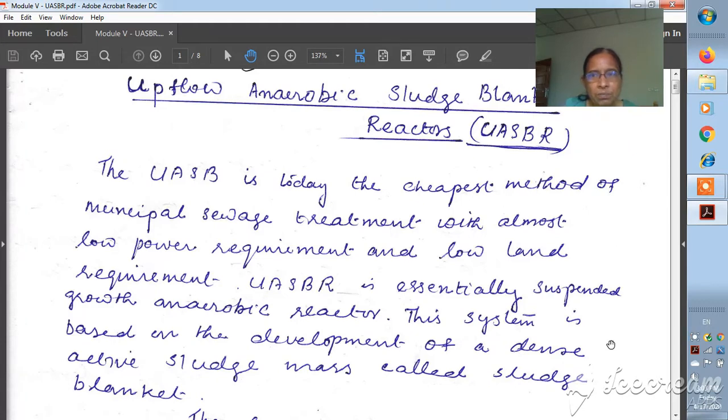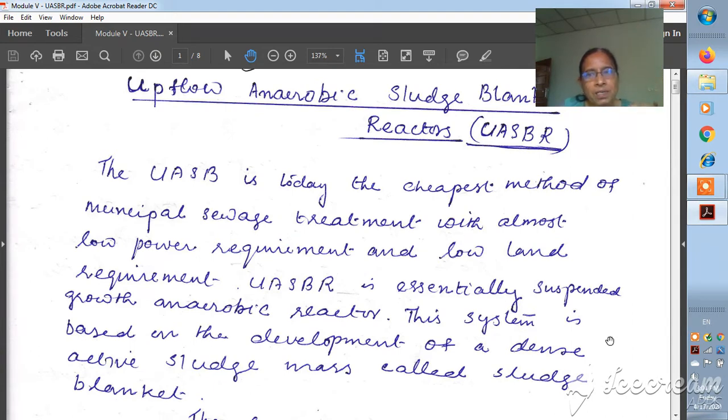Now coming to the next ones, oxidation pond and aerated lagoon. Both are suspended growth processes, but not purely aerobic or purely anaerobic. The oxidation pond is somewhat facultative, and the aerated lagoon is also somewhat facultative. There is a middle layer where the facultative bacteria are there, and the top layer is aerobic, with oxygen acquired from the atmosphere.